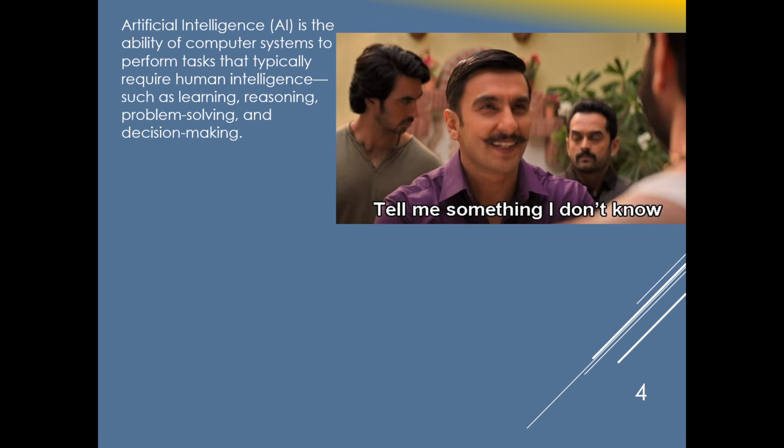So AI enables computers to think, learn and make decisions, similar to how we humans do, without being explicitly programmed for every single task, like autocorrect or automation. This means AI systems can analyze data, recognize patterns, and continuously improve over time, making them smarter with experience. Basically, we train them.